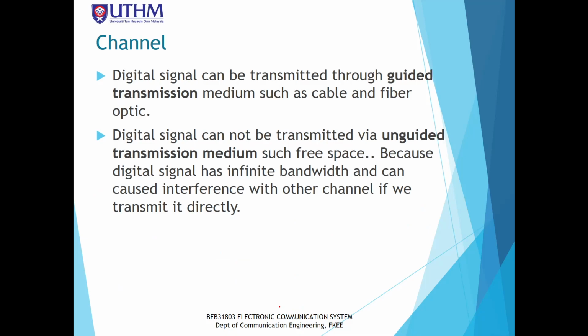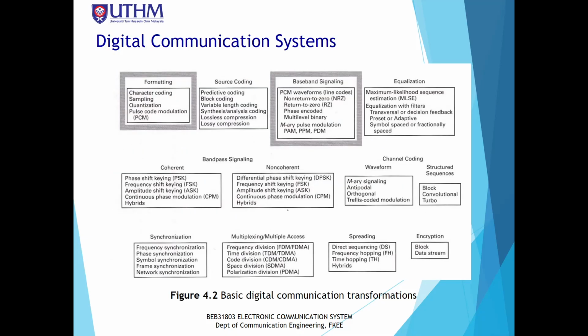The channel is a medium. It can be a guided or unguided transmission medium. Guided means using a cable such as fiber optics. Unguided means a wireless medium or free space. And these are the several processes in each block of the diagram.